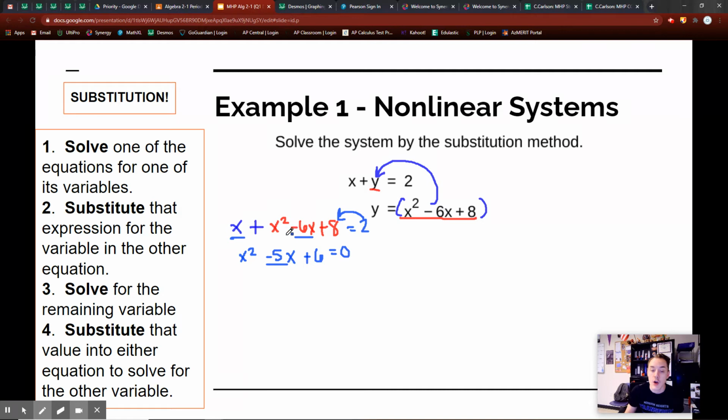I'll say it again. What we're trying to find are factors of 6, things that multiply to get to 6. That's what factor means. What are 2 numbers that, when multiplied, give me 6, but at the same time, those 2 numbers also add or subtract to negative 5?